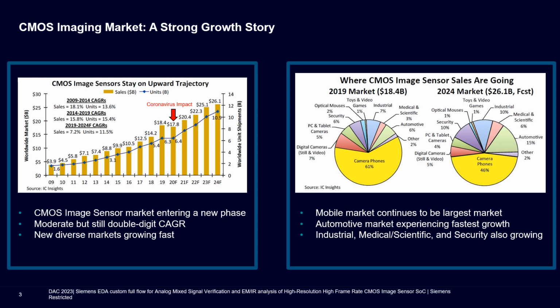The graph on the right shows that the smartphone cameras continues to be the largest market. However, with the focus on self-driving cars, the automotive market is experiencing the fastest growth. Internet of Things, industrial and security applications are also having a steady growth.